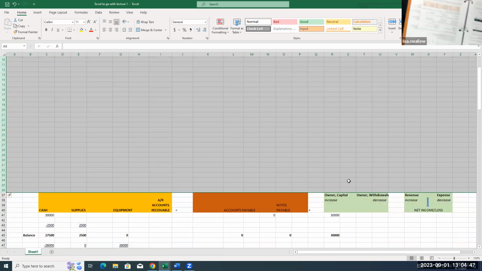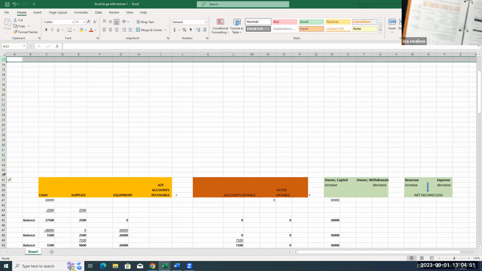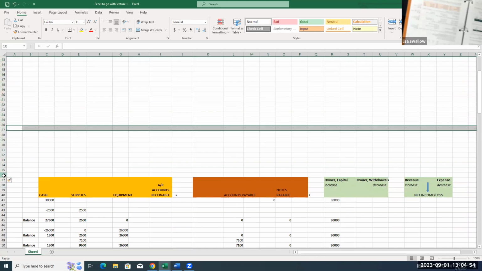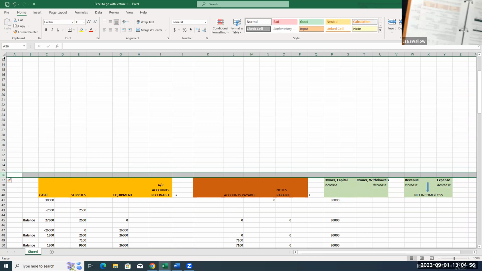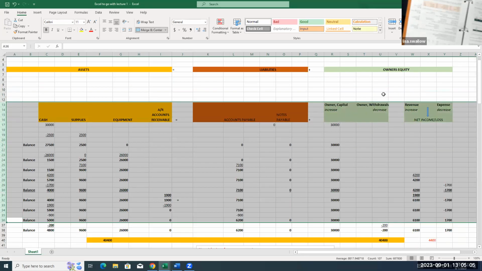Okay, so we're not over here yet because we haven't really studied this, but the four things that you should have under equity are capital or investment. And if you recall, capital and investment are synonymous terms. Withdrawals, revenues, and expenses.